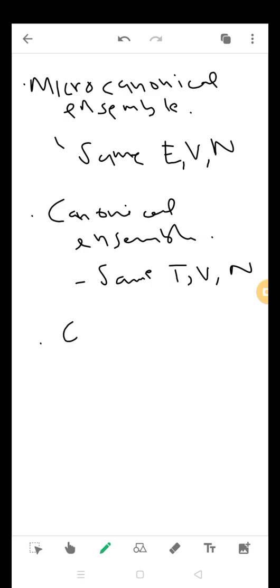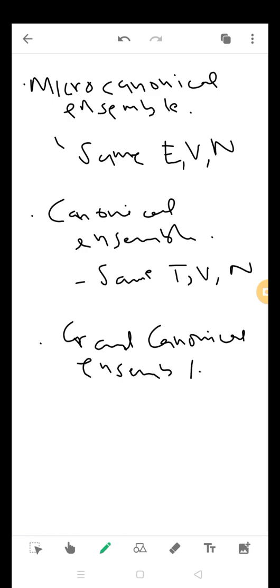And lastly, the grand canonical ensemble, here exchange of energy as well as particles takes place with the heat reservoir.